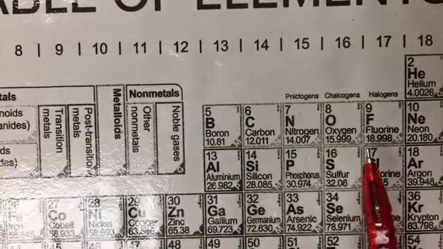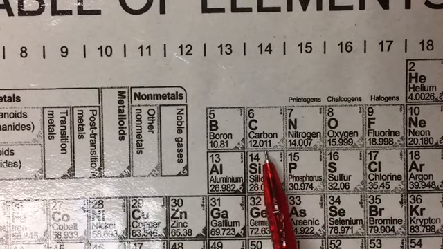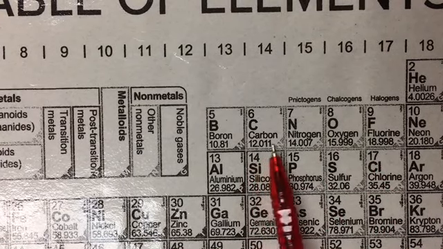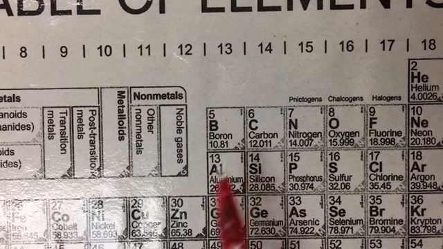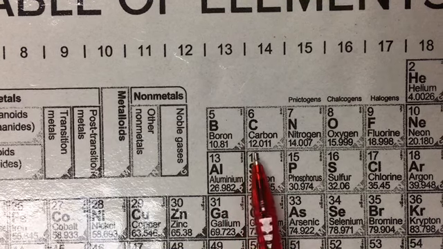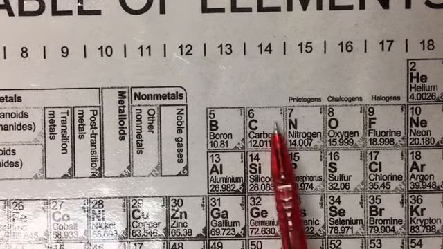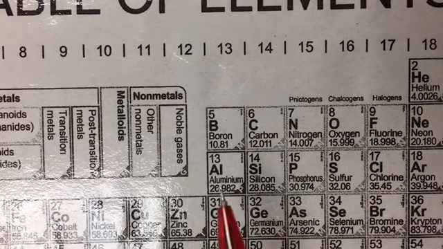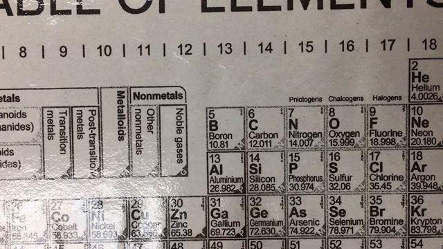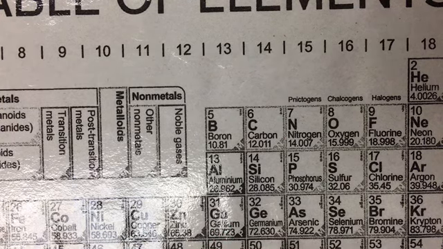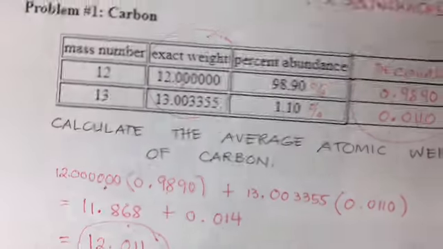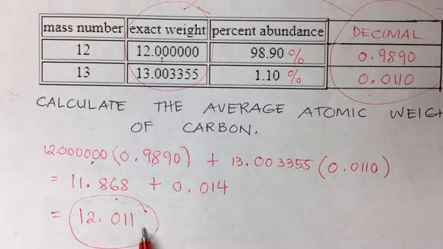So this is to convince you that the mass that you see on your periodic table is just the average atomic mass of that element, because every element is not the same as its own, because each element has a certain number of isotopes and percent abundances, and that's the basis for calculating the average atomic mass.